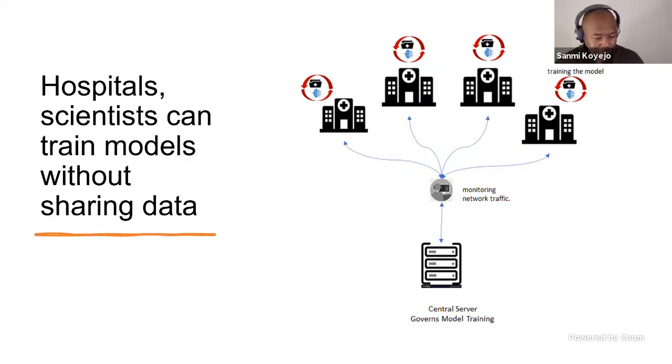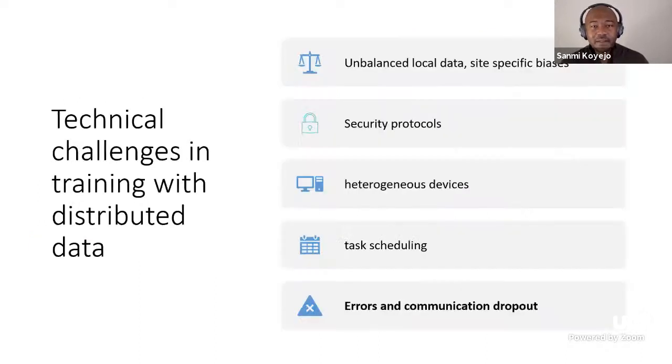In this line of work, I've mostly been working with scientists and medical professionals, hospitals, thinking about training machine learning models without explicitly sharing data. As you might imagine, there are a variety of technical challenges that show up when you're training with distributed data. Unbalanced data often causes havoc, as do site-specific biases of various kinds.